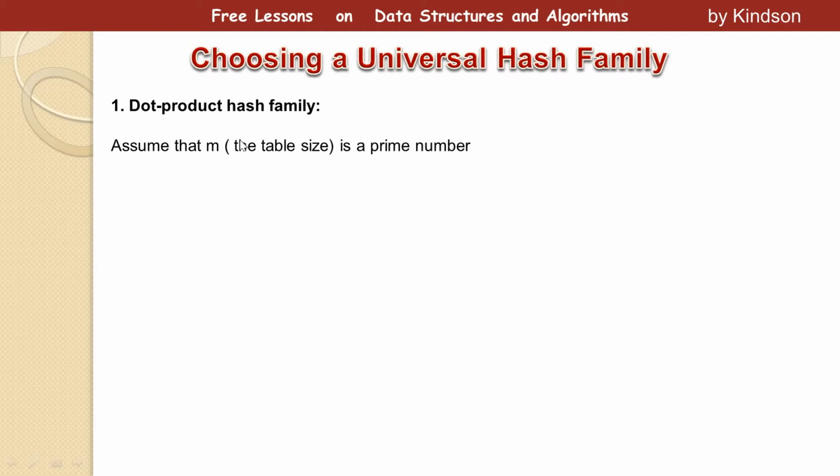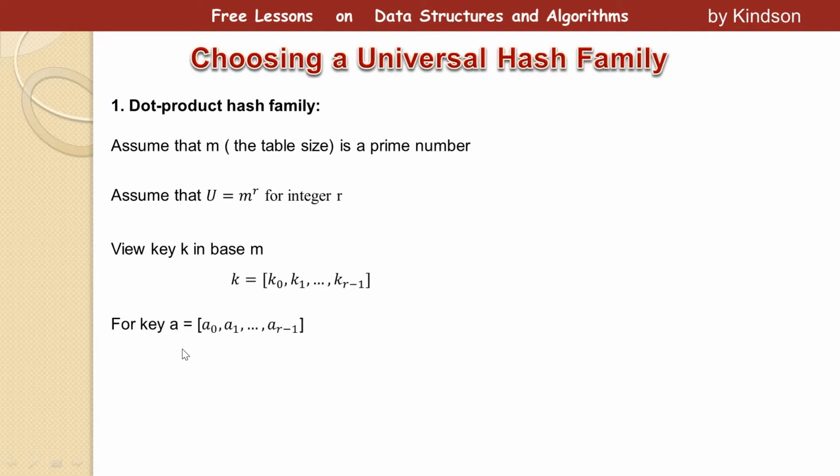So the next thing is that we assume the universe is equal to m to the power of r, for any integer r. Then the keys have to be viewed in base m, so a key k is k0, k1 up to k r minus 1, and for key a equal to a0, a1 to a r minus 1.